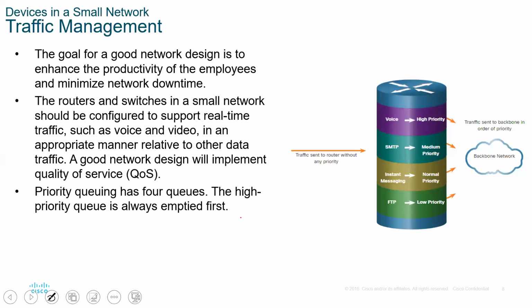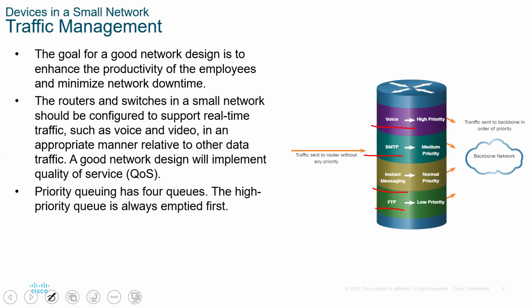You have to look at traffic management devices, because in this case you are looking at different types of data: voice data, mail data or SMTP, instant messaging, FTP, HTTP, different traffic. The goal of network design is to enhance the productivity of the employee and minimize network downtime.